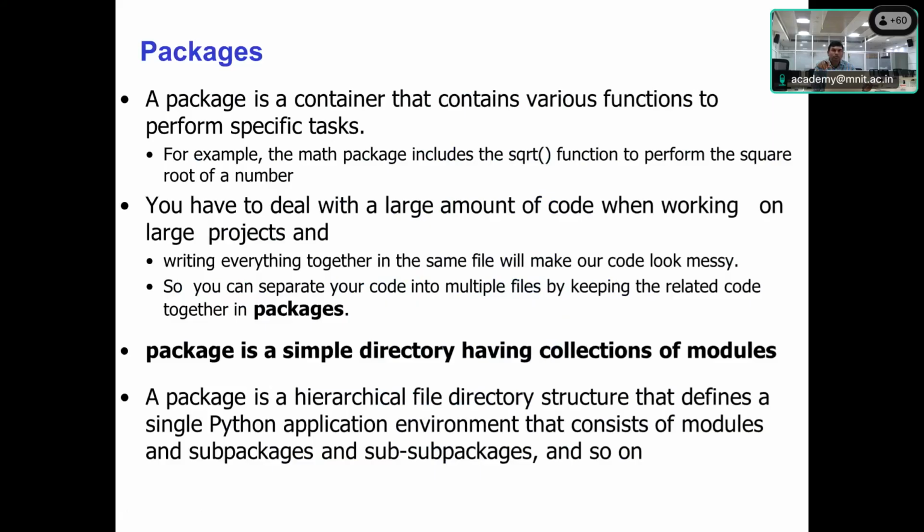And you can create one package or many packages. So a package is simply a directory which is a collection of modules. A package is a hierarchical file directory structure that defines a single Python application environment which consists of multiple modules, or it can also consist of multiple sub-packages, subfolders. Within that subfolder, many other subfolders can be contained.